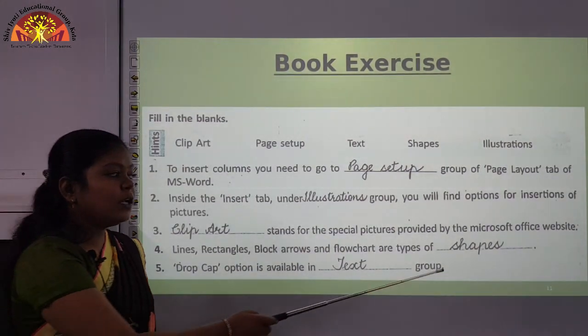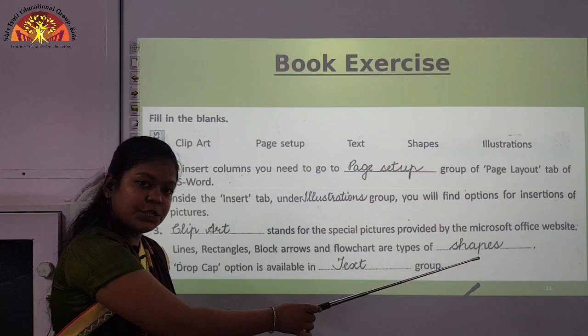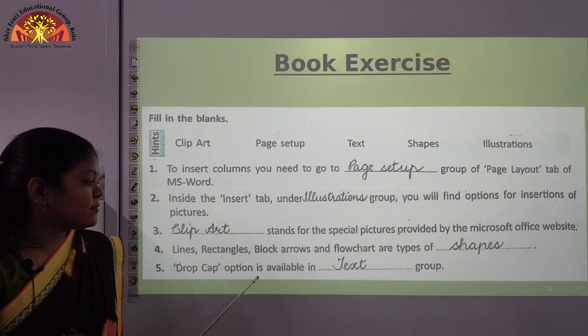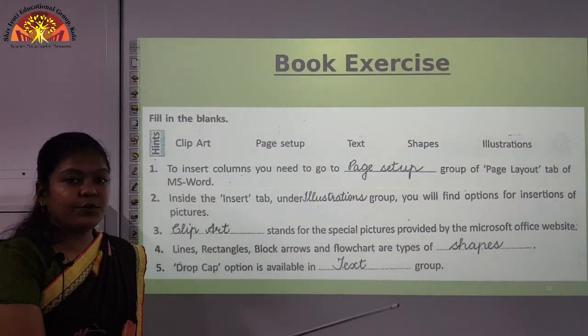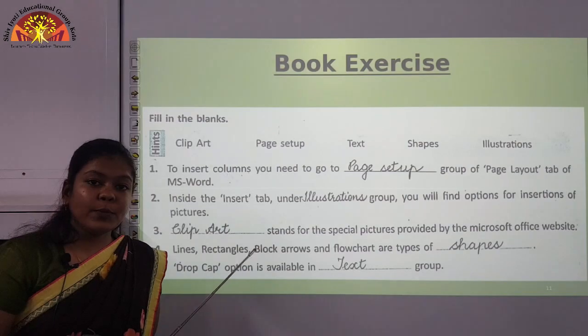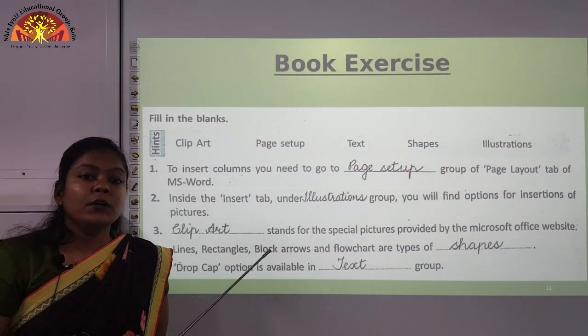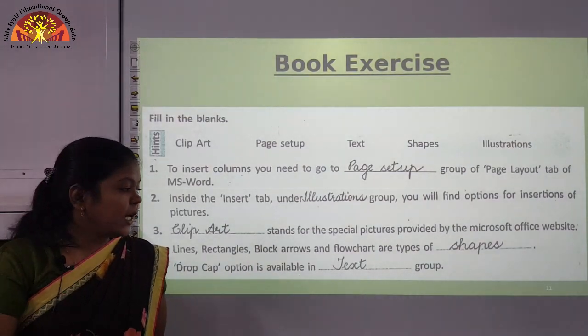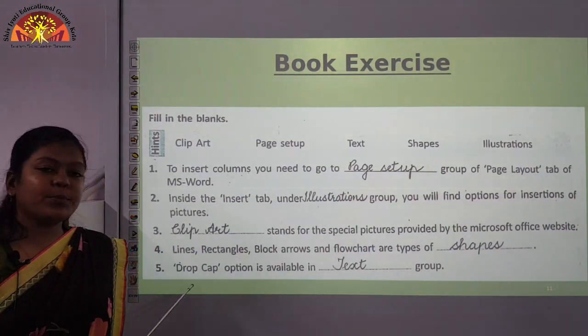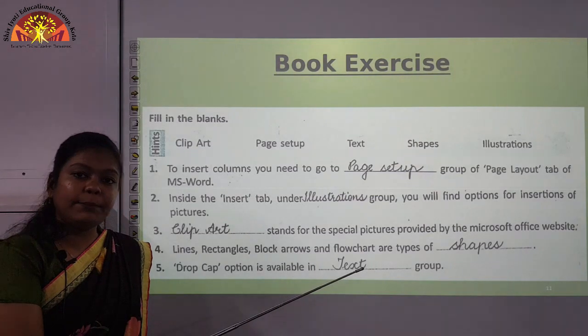So, these all are types of shapes. You have to write here shapes. Next fill up is, drop cap option is available in dash group. Students, if you want to insert the drop cap in your document, then first you have to click on the insert tab, then go in the text group. In the text group you can find the drop cap option. So, here you have to type text.